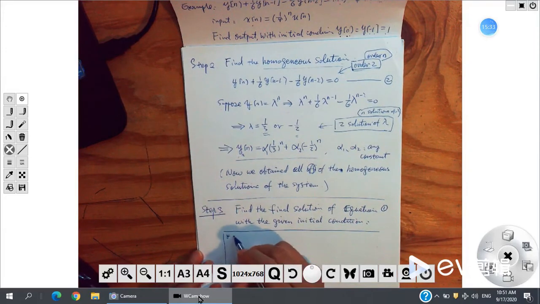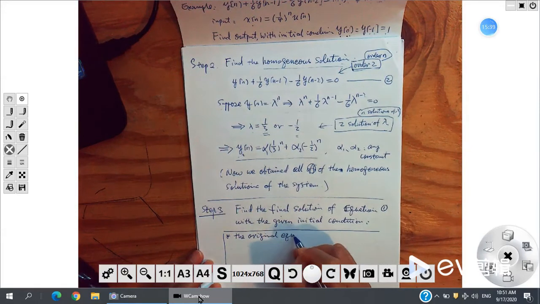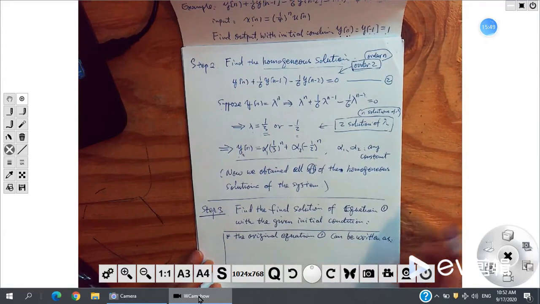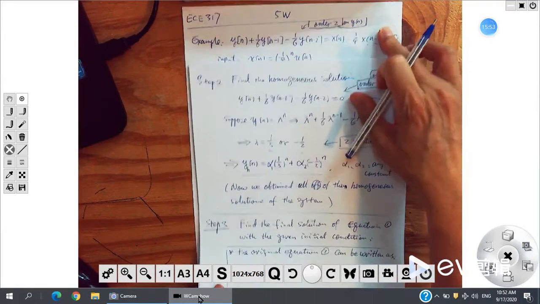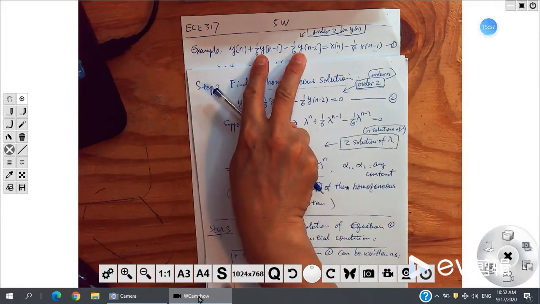So here, firstly, I mentioned something here. The original equation 1 can be written as this. The original equation is here, right? In this one, now I move these 2 terms to this side.